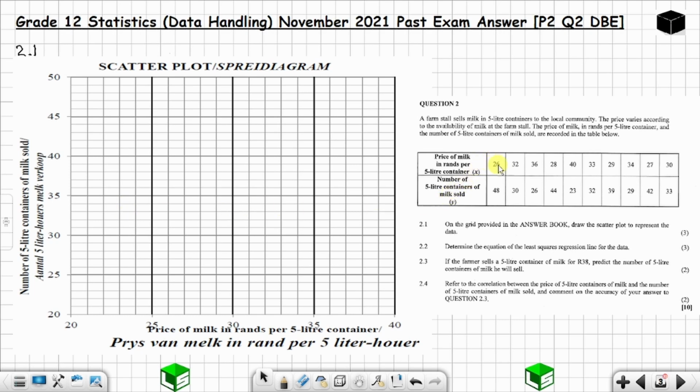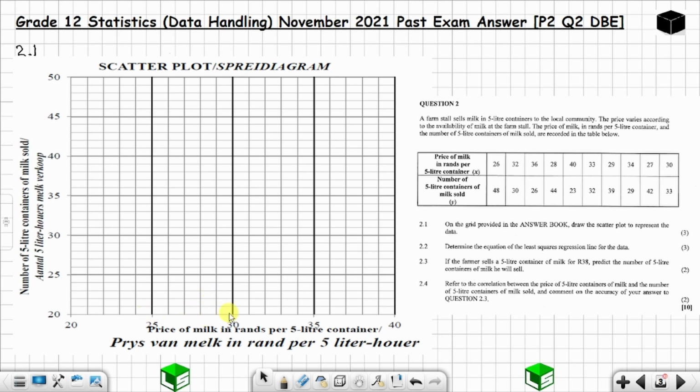Okay, 26 goes with 48. Where is 26 here? You can see there is 25 and there is 30. The difference between 25 and 30 is 5. So how many boxes do you have between 25 and 30? You have 1, 2, 3, 4, 5.